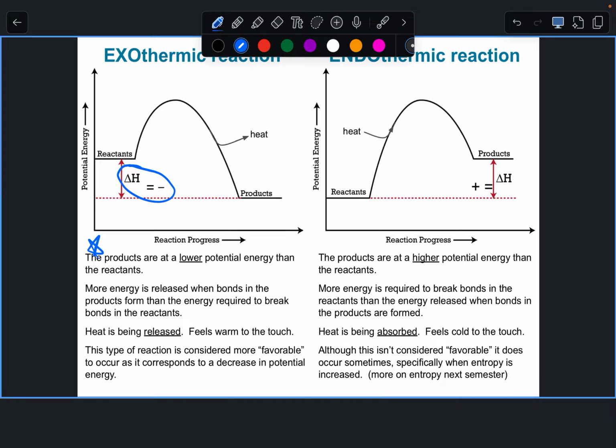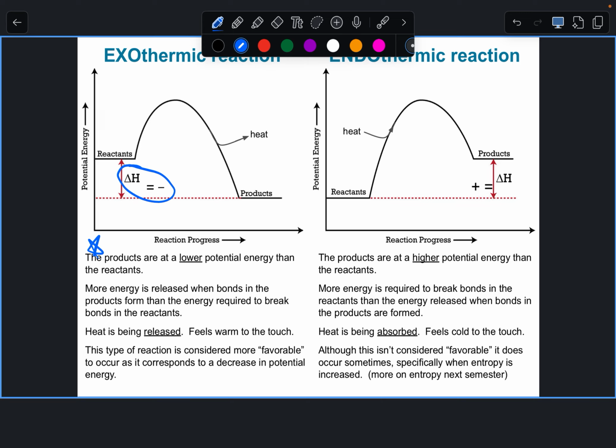And then we aren't going to talk about the other part of this story of thermodynamics, which is called entropy. It's the other factor that helps us know whether or not a reaction is going to occur. But this one is always going to be our favorable reaction.